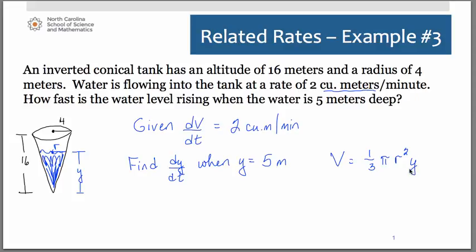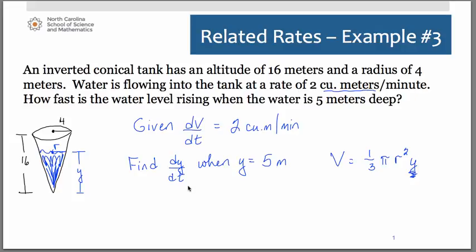That's why when you have a cone problem such as this, what we need to do is get this equation only in terms of y, because it's the dy/dt that we want to leave in that equation, because that's what we're trying to find. We essentially need to eliminate the r variable out of the equation. The way in which you do that is with proportions.